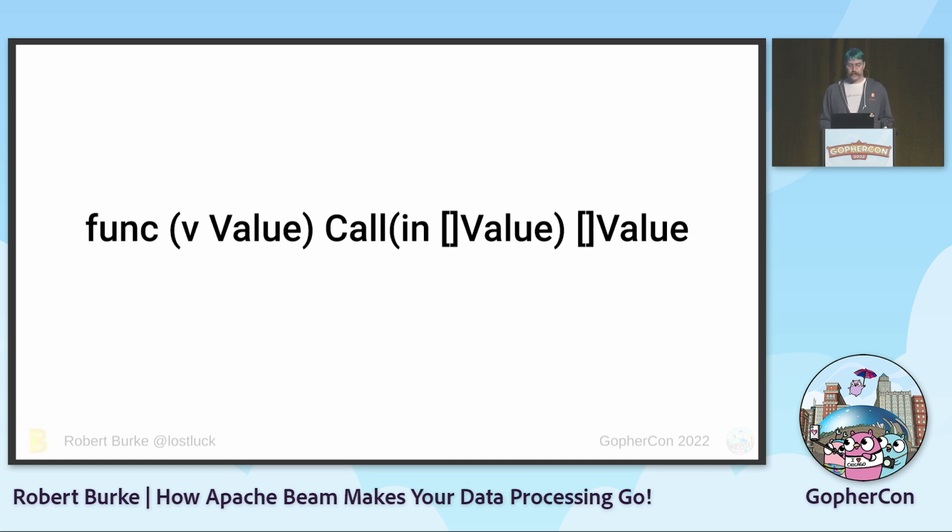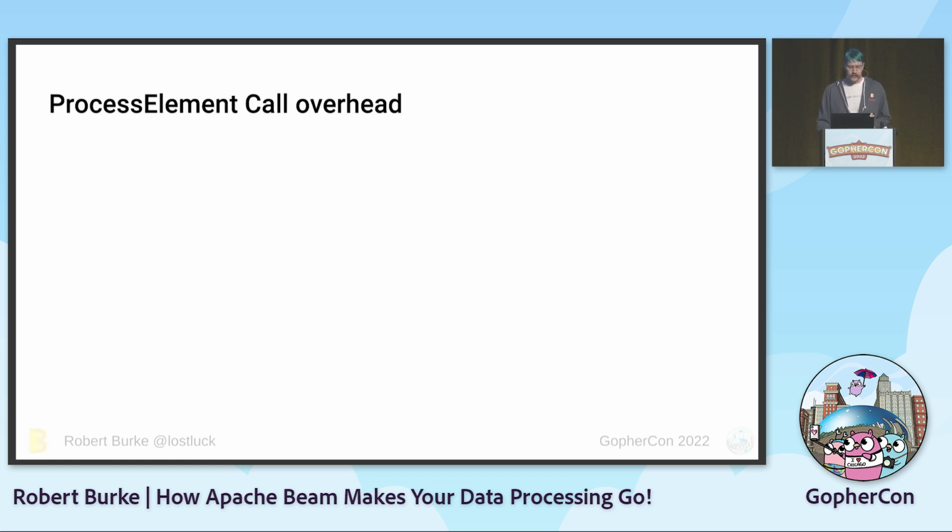Okay, so we have a way of executing these functions. It's in the standard library, that's pretty good. How does it perform, though? So, to get a comparison, we wrote some micro benchmarks for how we're calling structural DoFns, their ProcessElement method.